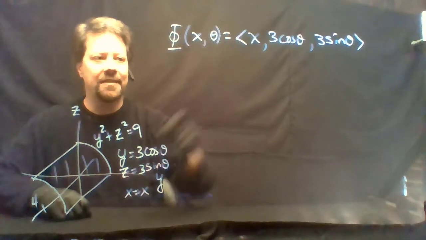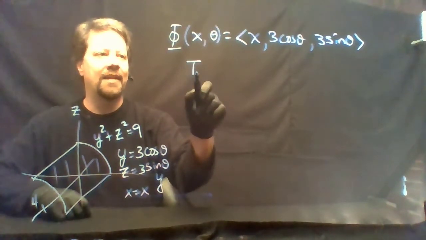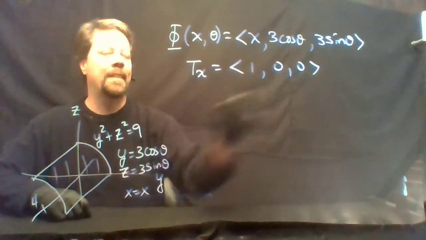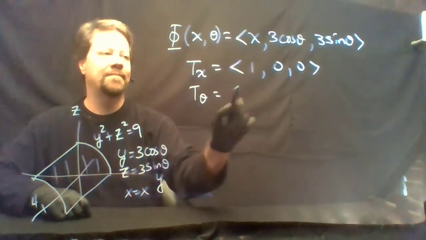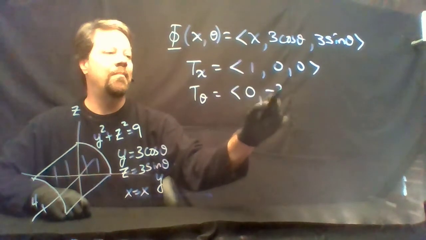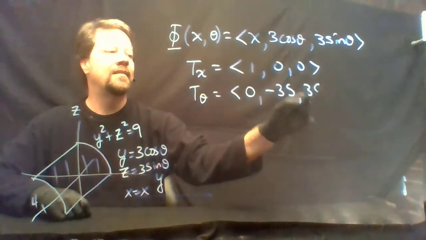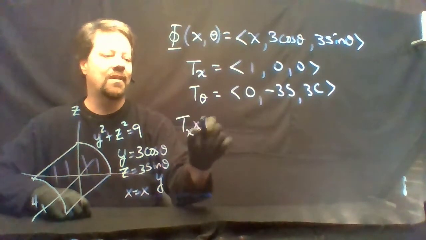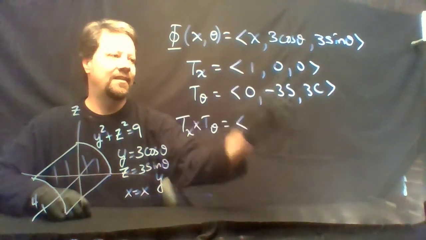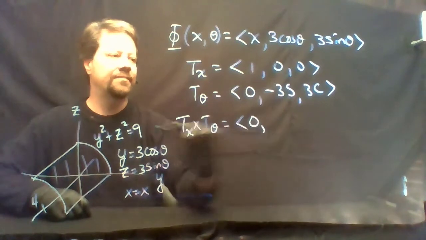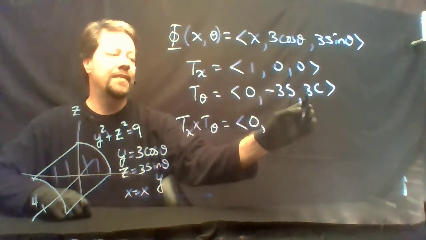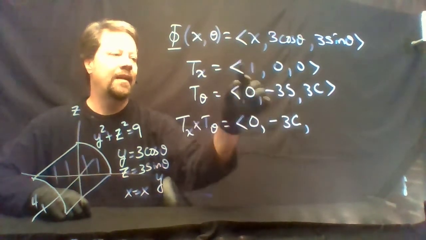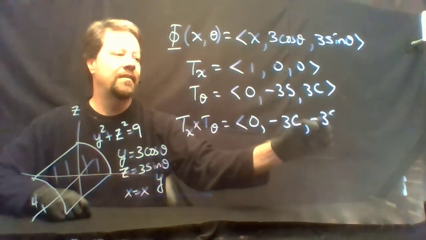To calculate the surface element, we need to evaluate T_x, well that's easy, (1, 0, 0), and T_theta, which is (0, minus 3 sine, 3 cosine). T_x cross T_theta is 0, followed by 3 cosine, but we put a minus on that cofactor, and then a minus 3 sine.